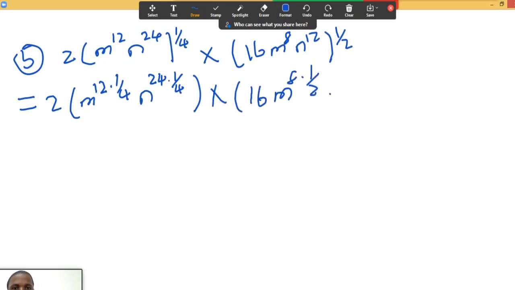So this is applying the laws of exponents. So we have n to the power of 12 multiplied by half as well.